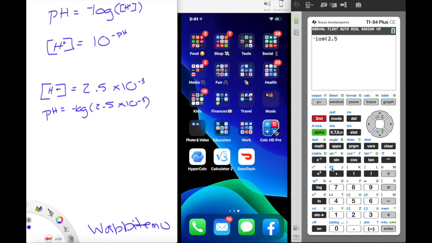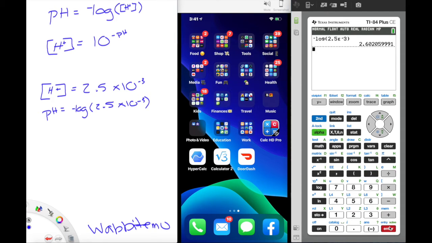The reason why it's two E's is so you can distinguish it from this letter E up here, but it's just going to put one little E, and that E represents this times 10 right here. And then whatever number you enter after this E is going to be an exponent, the calculator knows that. So I'm going to hit negative 3, and then I'm going to close my parentheses and click enter.